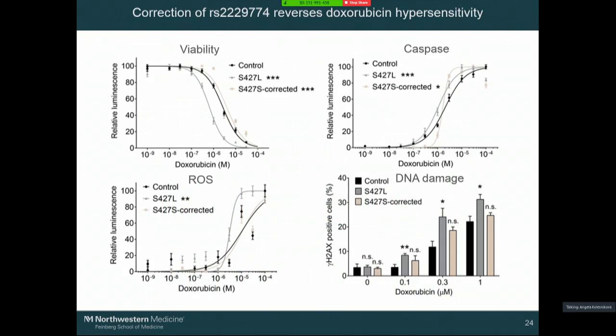This is the variant, exactly the same line, this is the line with the variant, and then this over here is the exact same line with just that single SNP corrected, and we can show that we move that toxicity right across. And the same for all of the other assays, which means this variant is right up at the top of the chain of the doxorubicin response. So we're very happy that that seems to be correlated and making some sense to us.